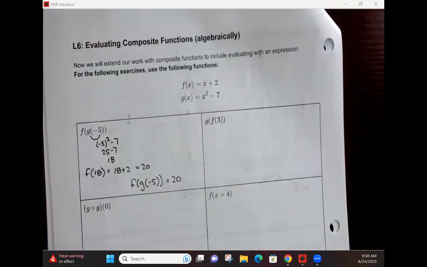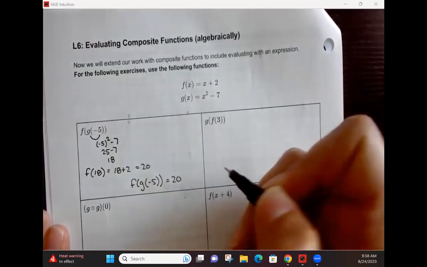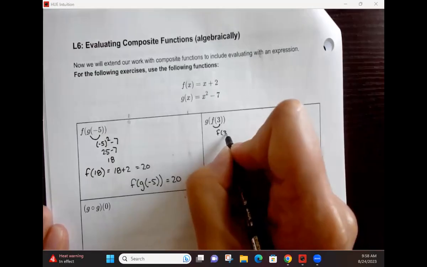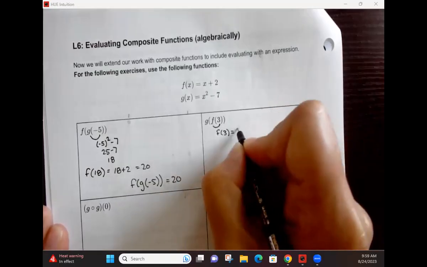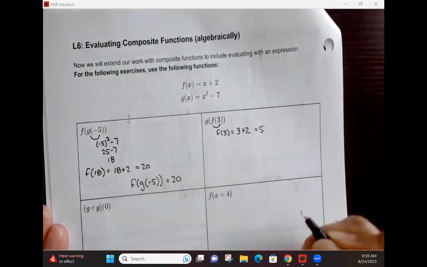This is what we worked on yesterday. Second one, same idea. Different value, a little bit different order. We're taking our functions, but same idea. So g of f of 3. So I start with what is f of 3. So f of 3 would be 3 plus 2. So we get 5 there.